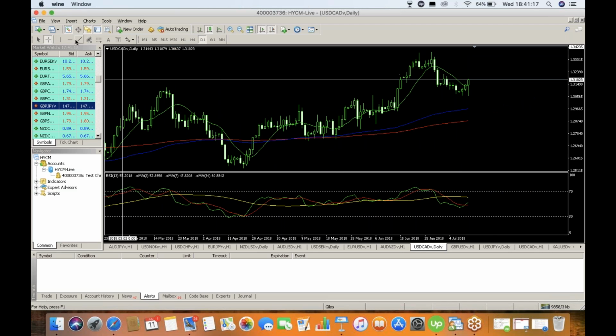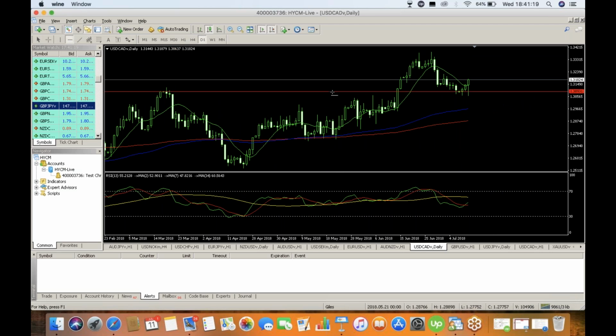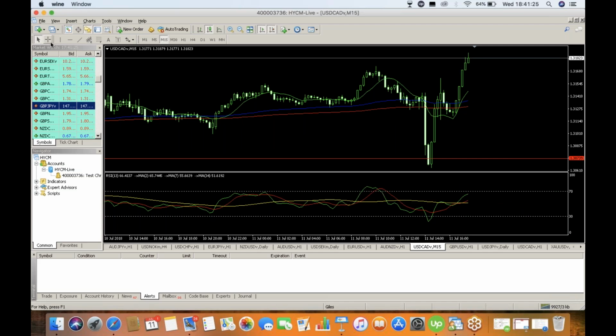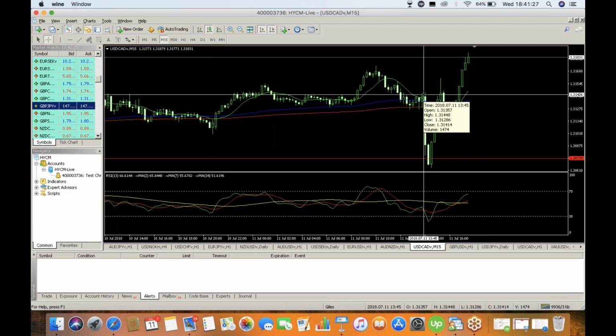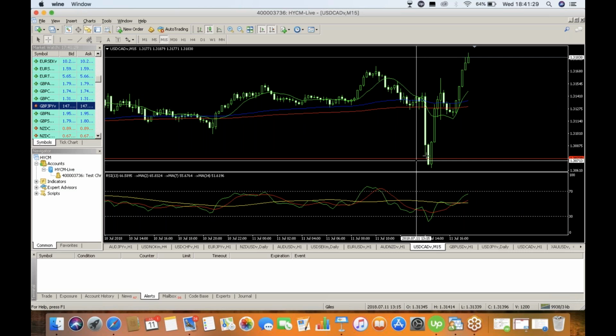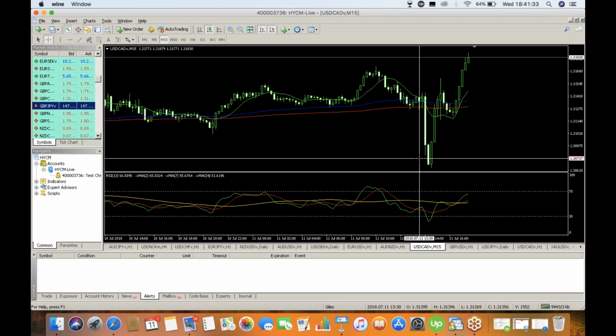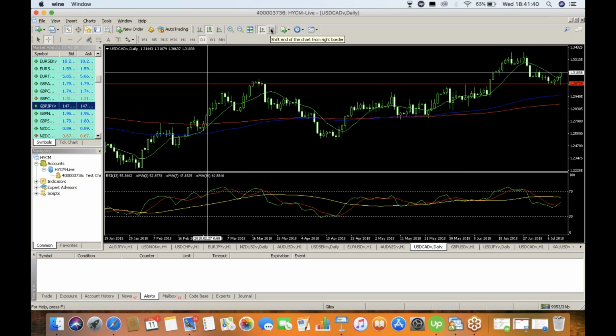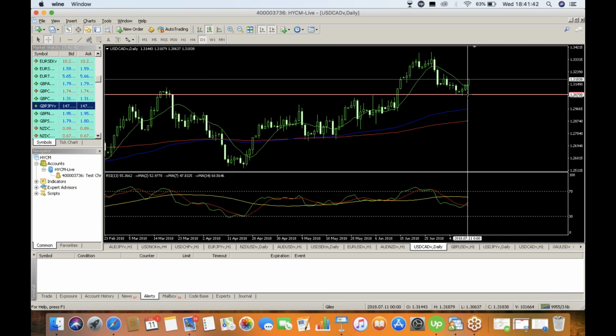You can see the data release here, price shot down and traders took all their profits on this key level. This is a buy the rumor, sell the fact. Everyone who's been buying the Canadian dollar took their profit there.